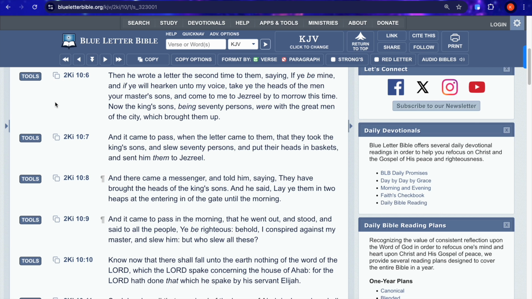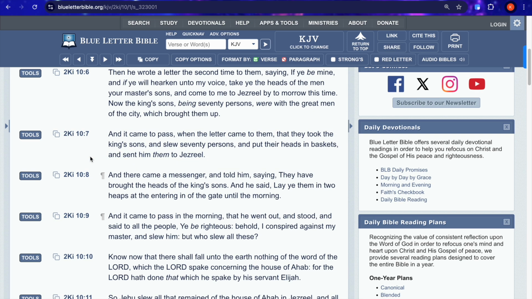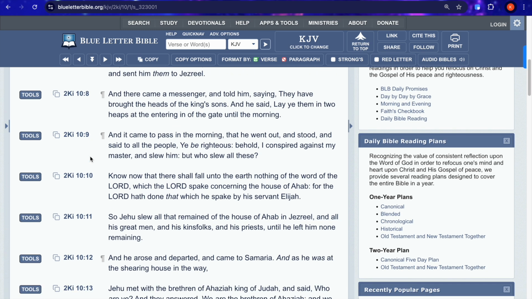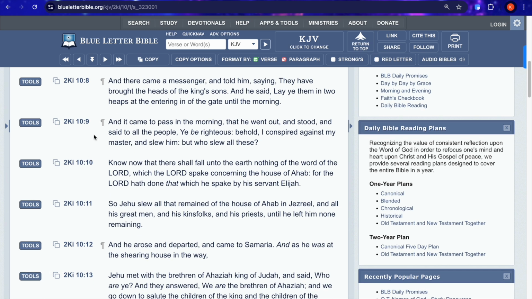And it came to pass when the letter came to them that they took the king's sons and slew 70 persons and put their heads in baskets and sent them to Jezreel. So they sent the heads of 70 of Ahab's sons to Jehu in Jezreel. You can imagine that was a pretty crazy sight.